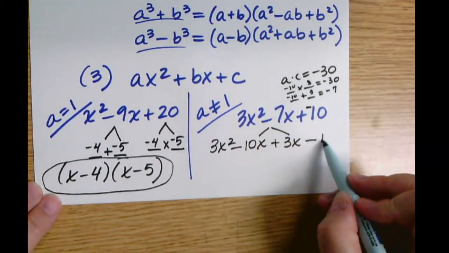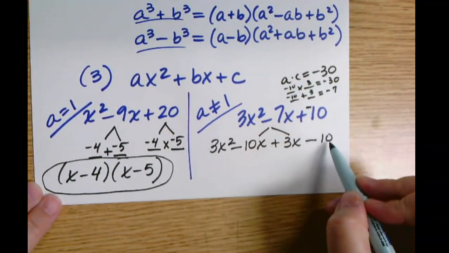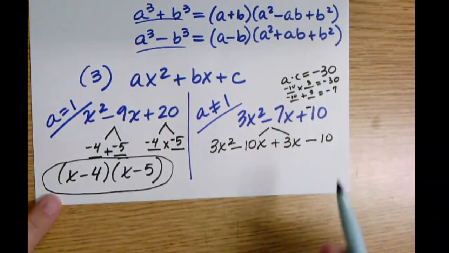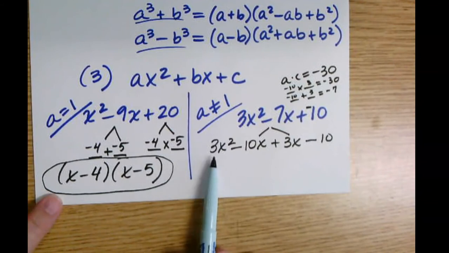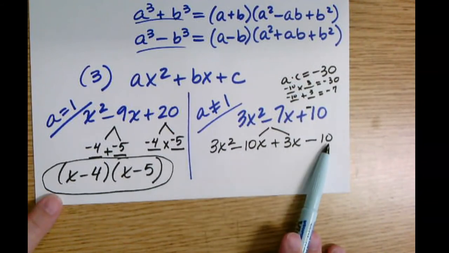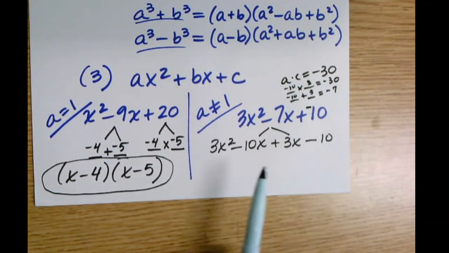And then over here I bring down my plus -10. The whole point of what I've done so far is to get 1, 2, 3, 4 terms. This is called grouping because we're about to group these in pairs. You can't group pairs unless you have 2 pairs, so grouping counts on having 4 terms. We're going to come back to that in a second.